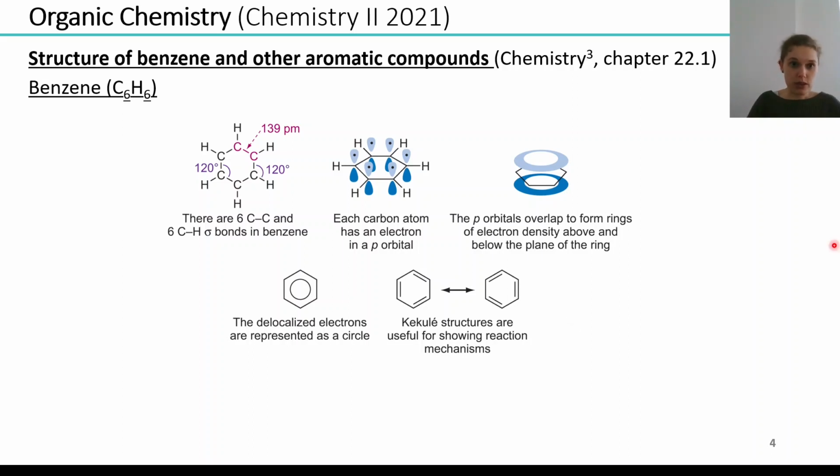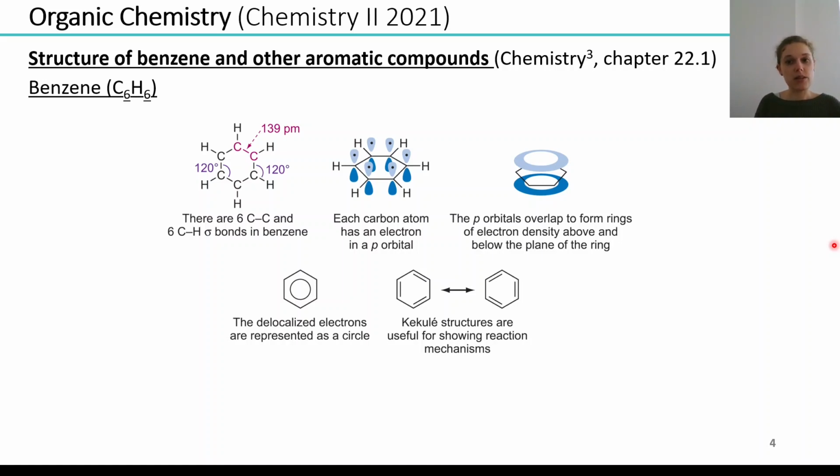What is important, if we draw the Kekulé structure, is to keep in mind that according to the Kekulé structure, the carbon-carbon double bond would be shorter than the carbon-carbon single bond, but in benzene, all bonds are equally long. Moreover, you would expect that the carbon-carbon double bond would react in electrophilic addition reactions like we saw for alkenes, but that is not the case.